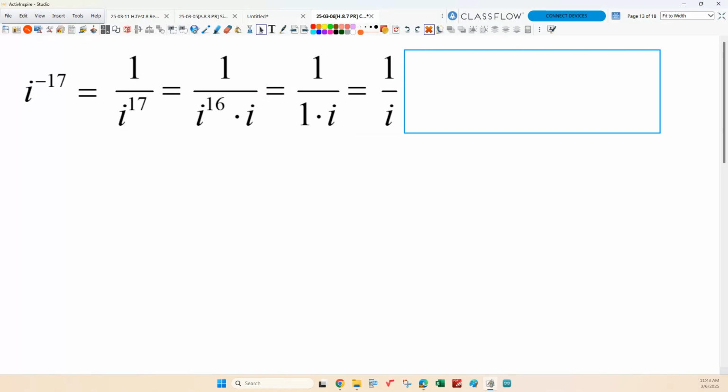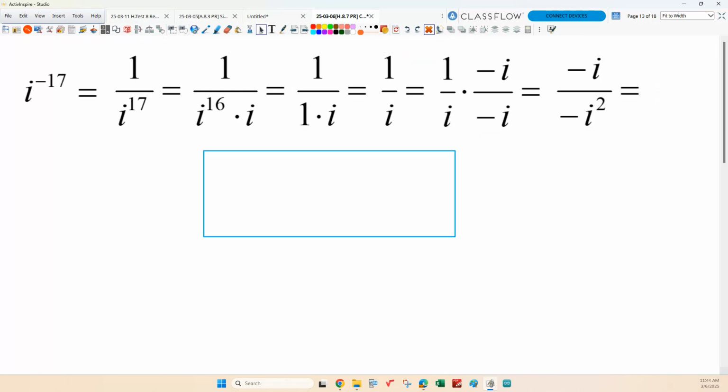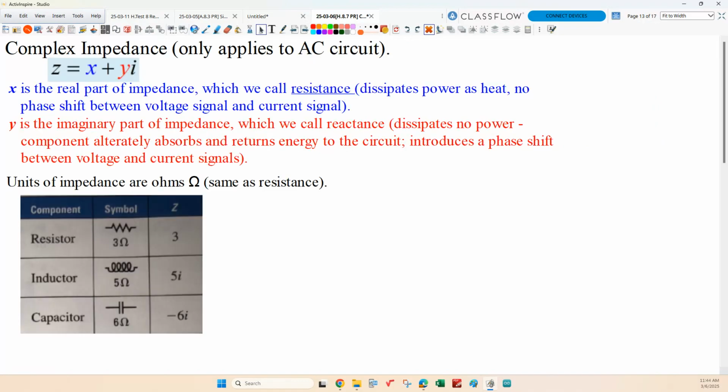So we're going to multiply top and bottom by i or negative i. Negative i is probably a little bit better because then what does that make the bottom? Positive 1, yeah, exactly. I get negative i squared, which is negative 1. And so, oops, darn it.